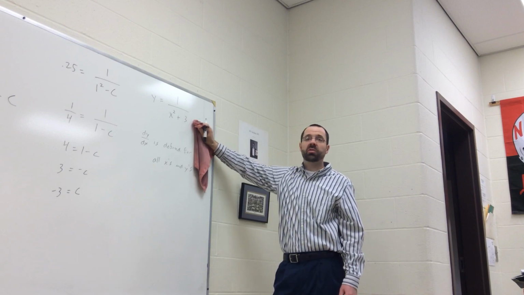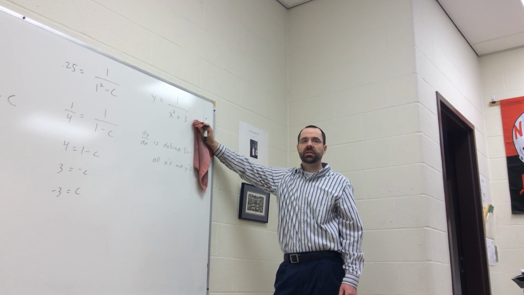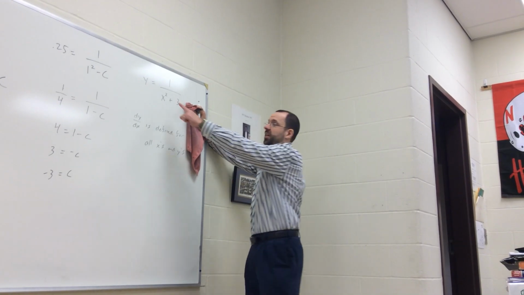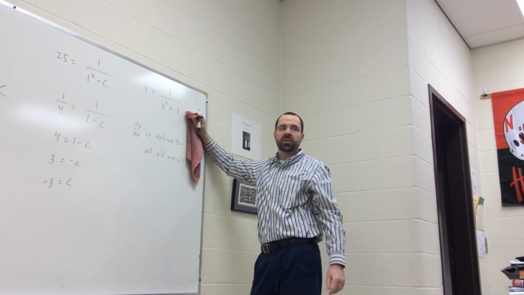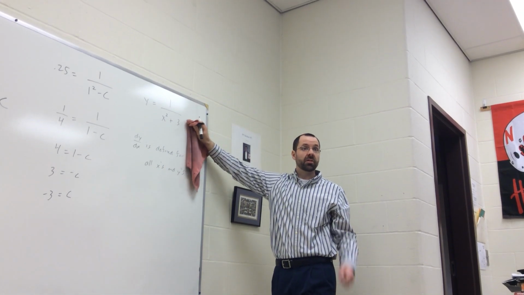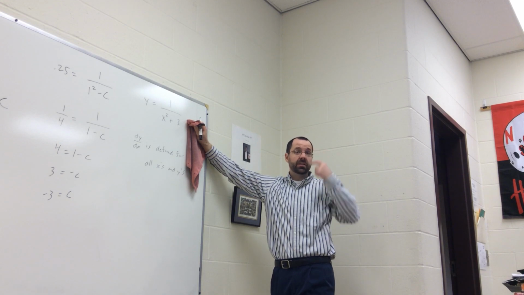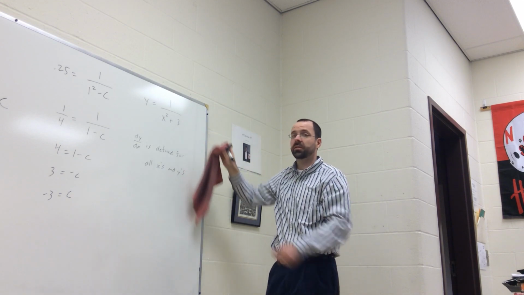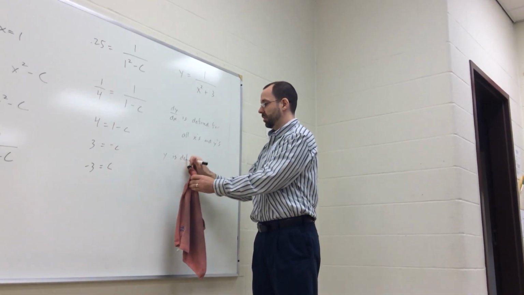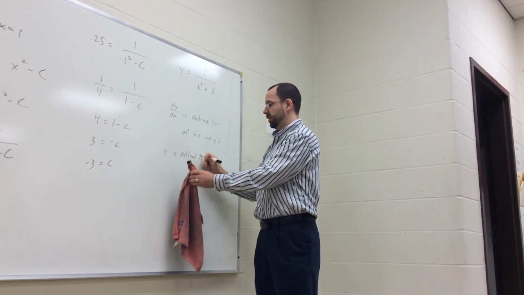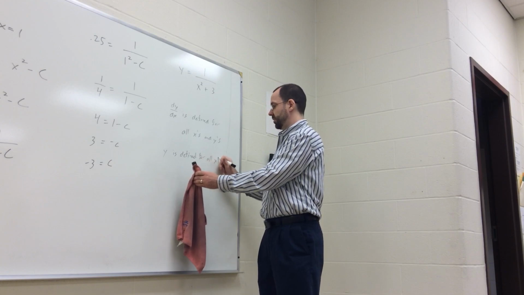But x squared plus 3 can't ever be 0. Because the smallest x squared could be is 0. And then if you add 3 to it, it's going to be 3. So we're never going to be dividing by 0. So the final y is defined for all x's as well. So y is defined for all x's.